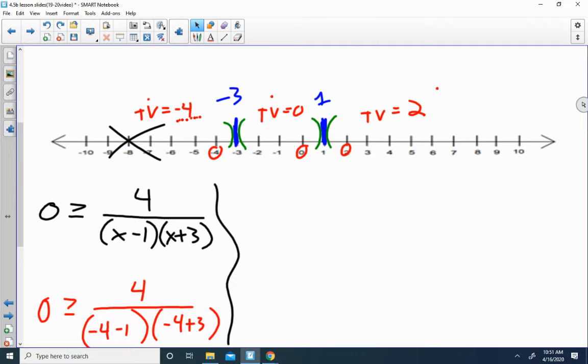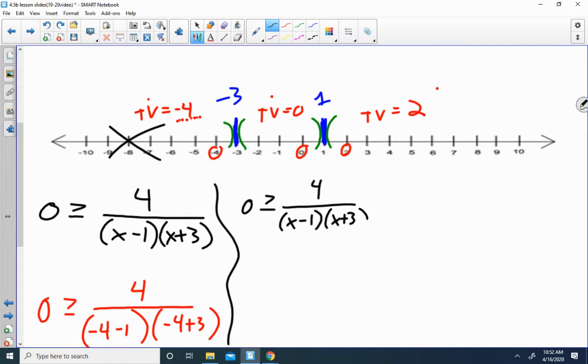Okay, move on to interval number 2. 0 greater than or equal to 4 all over x minus 1, x plus 3. This time we're going to be plugging in 0. Let's see what happens.